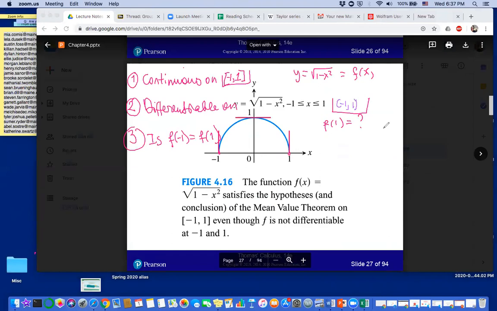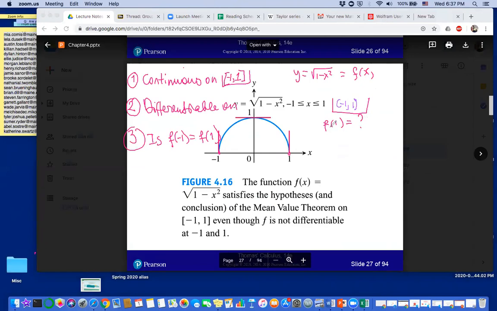Very nice, very nice. The person with a purple pencil. That's correct. Thank you, Charlie. So it's continuous on the closed interval -1 to 1. It is differentiable on the open interval -1 to 1.